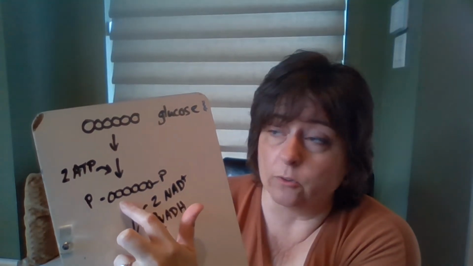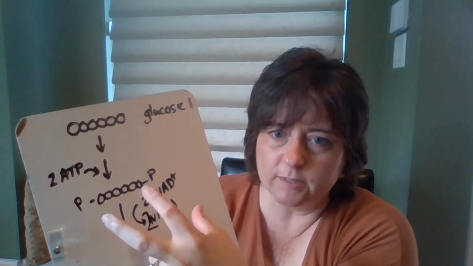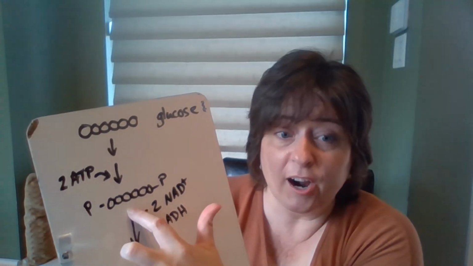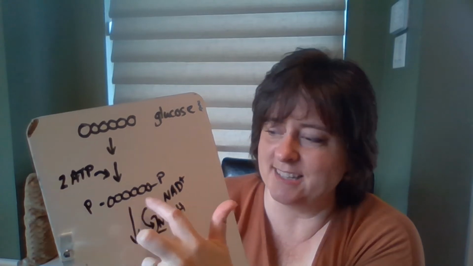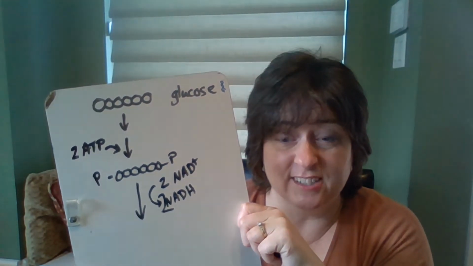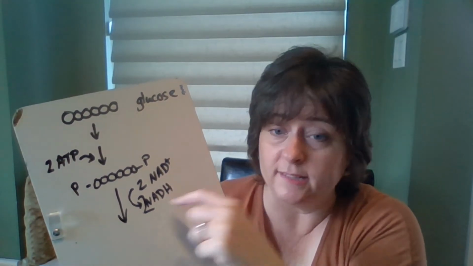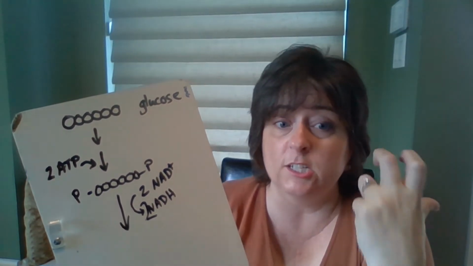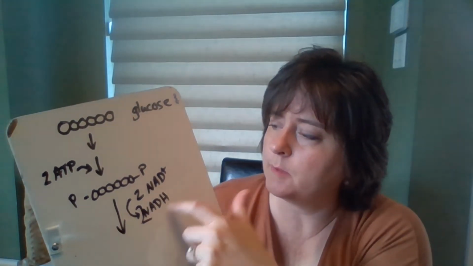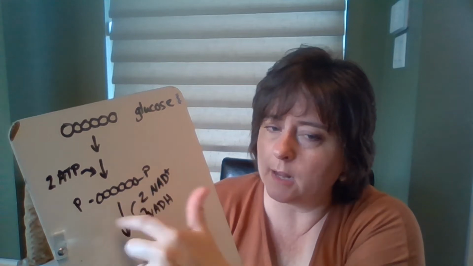The carbon molecule. Now it's not called glucose anymore, it's got another name, so we're just going to refer to it as the carbon molecule, but the carbon molecule got oxidized. It donated these hydrogens. So we just had some oxidation and reduction reactions happen. That happens in glycolysis, and it's going to happen twice in glycolysis. So you need to know that. The glucose molecule, the carbon molecule, is getting oxidized.